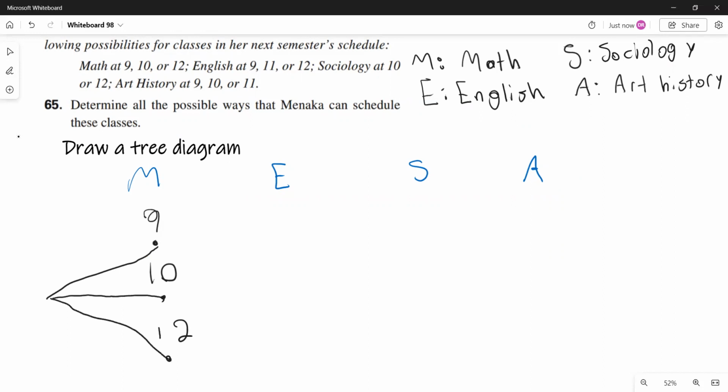So if she took math at 9, she cannot take English at 9. If she took math at 9, she can only take English at 11 or 12. Those are her options for English.